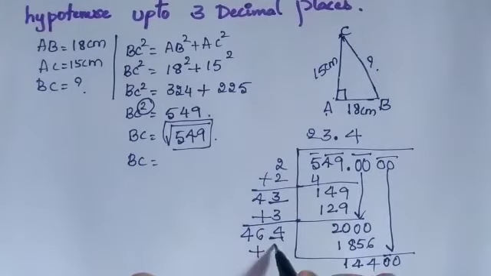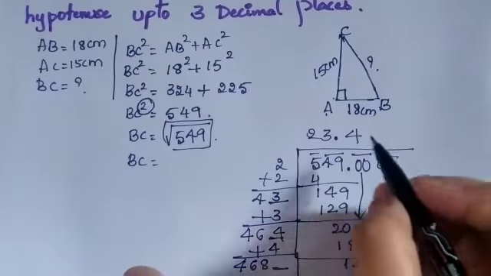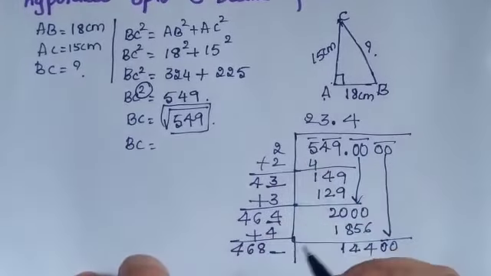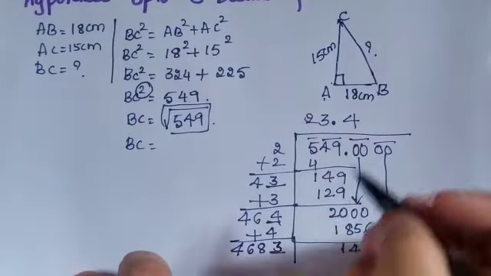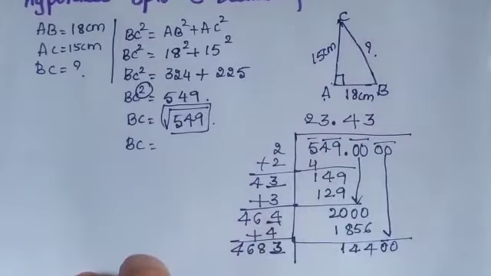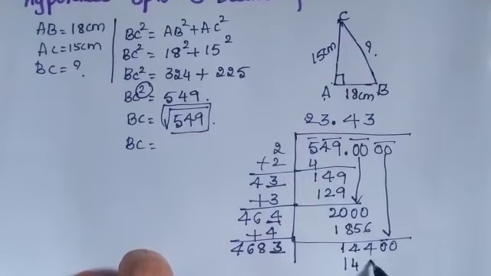So 464 plus 4, I am getting 468. Another number I can join here, and that same number I have to multiply. If I multiply 4683 into 3, the answer I am getting is 14,049.